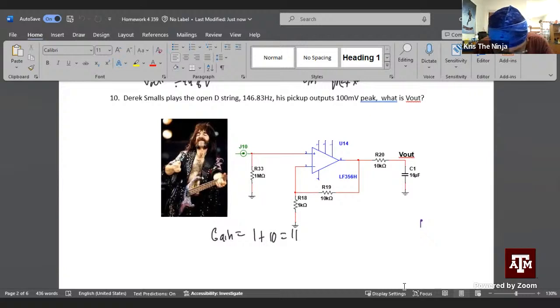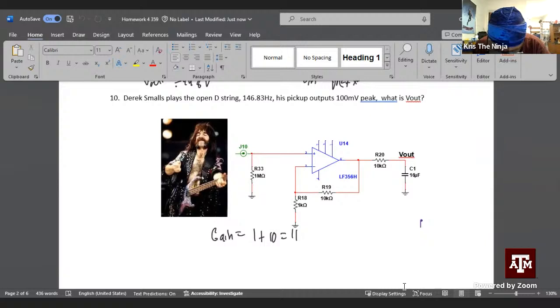We have input, no resistor there, so that's all going straight through. 100 millivolts multiplied by a gain of 11, so you have 1.1 volts out.